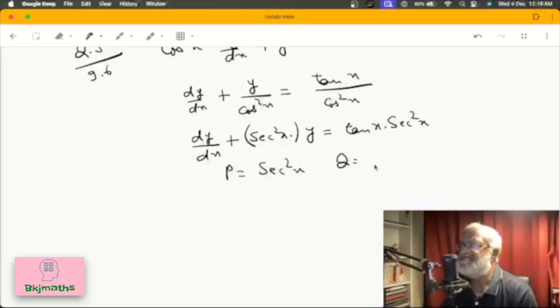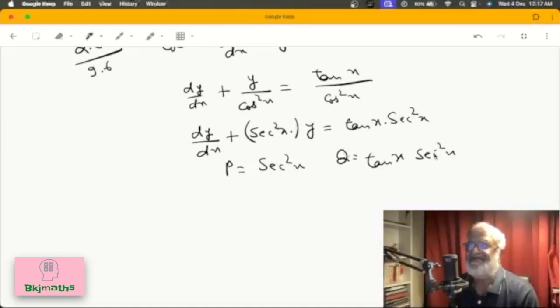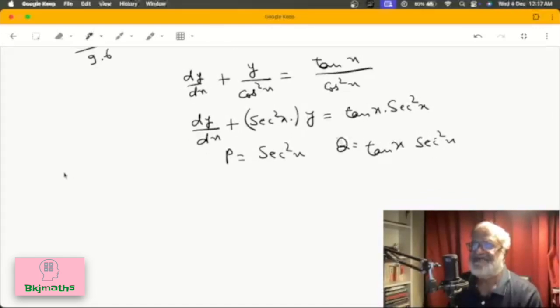10x into sec square x. Now second step, find the integration factor. So integration factor equals e to the power integration p dx, integration sec square x dx.